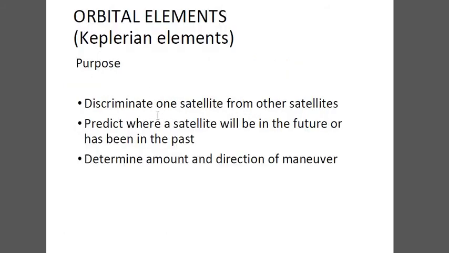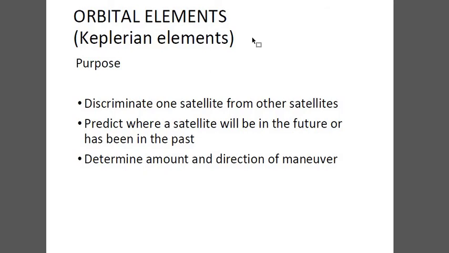So orbital mechanics also consists of some particular orbital elements, also given the name Keplerian elements. There are 6 different elements which have been discussed, which are very important. The main purpose why we study these elements is that getting the user's position with respect to the satellite is quite important.